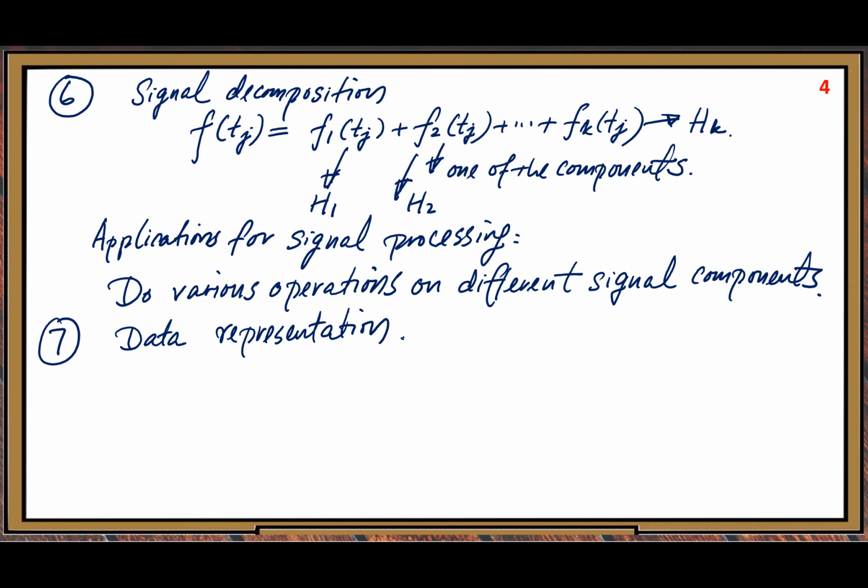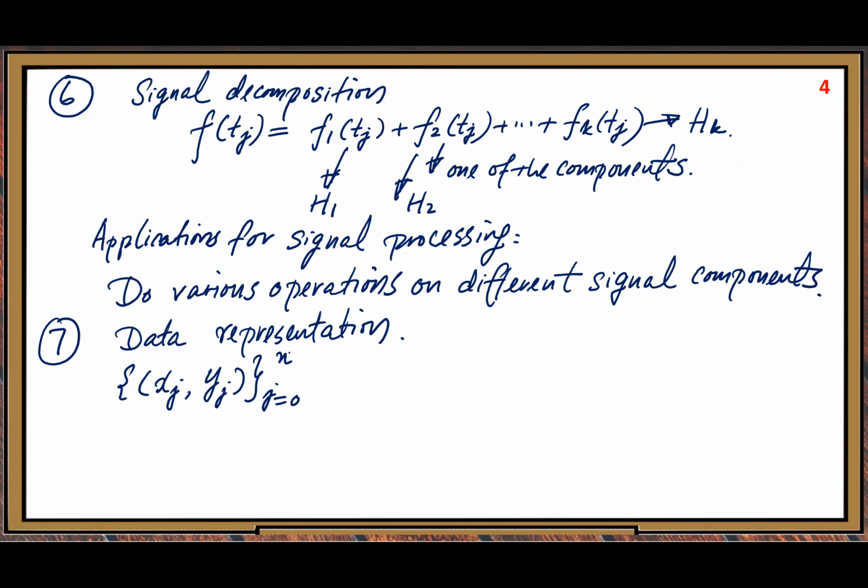Here, we start with a sequence of data points. So that's our general data.